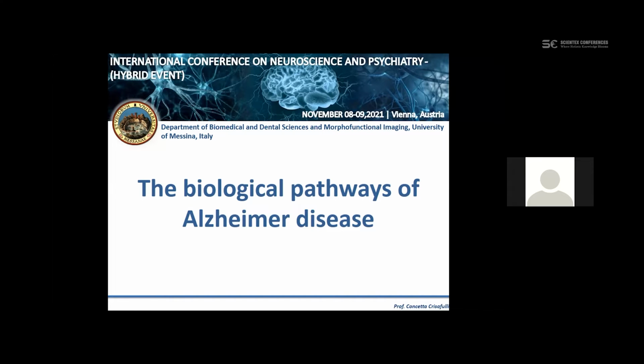My presentation will be a brief overview on the role of molecular pathway imbalances and their potential link with Alzheimer's disease. As we know, Alzheimer's disease is the most common neurodegenerative disorder worldwide affecting the elderly.